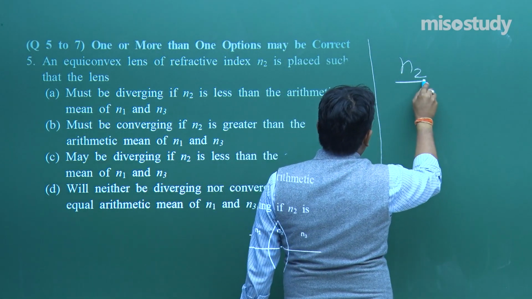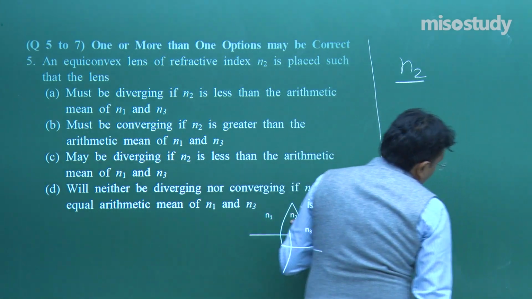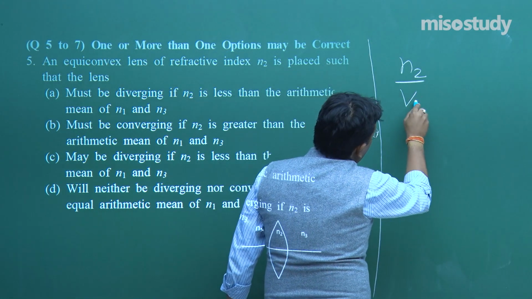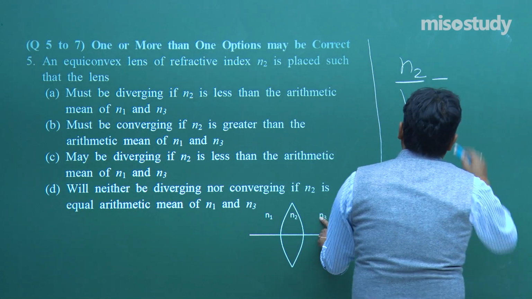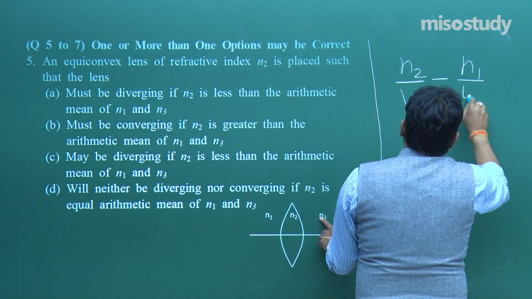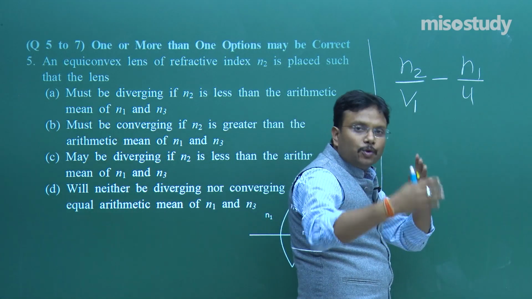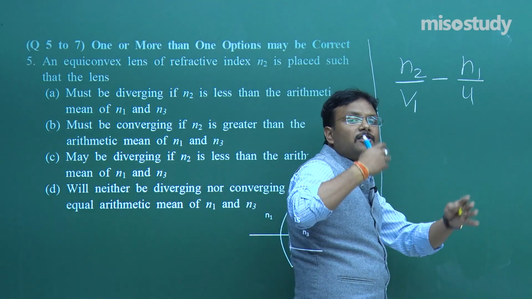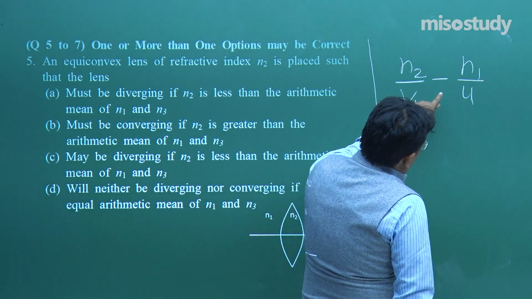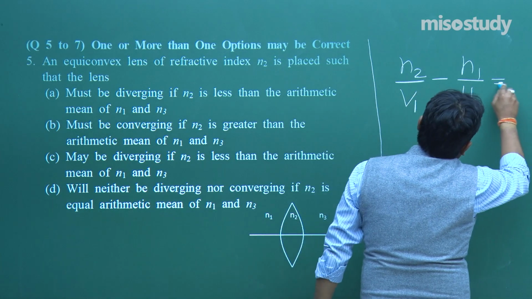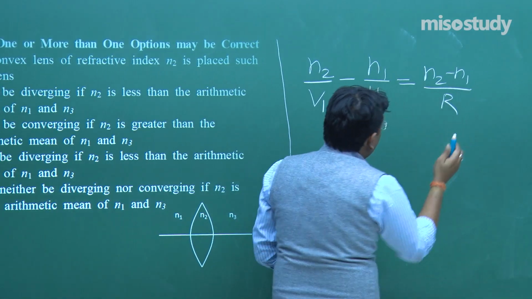Okay, let's try to understand. N2 means the refractive index of the lens. So N2 upon V1 minus N1 upon U. Basically we are trying to write down the formula mu2 upon V minus mu1 upon U is equal to mu2 minus mu1 upon R. So N2 upon V1 minus N1 upon U is equal to N2 minus N1 upon R. Now what is the problem?